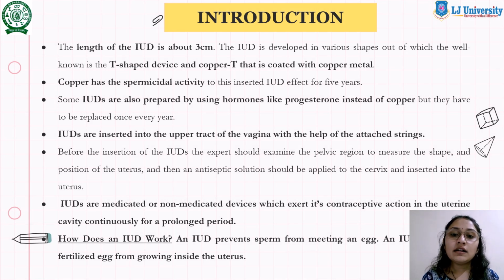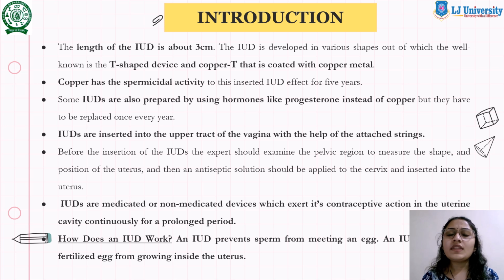Now, next is about the various features of intrauterine devices. We have already mentioned earlier that the length of the uterus is 7.5 centimeter. That means we have to design an intrauterine device which has a length smaller than the uterine cavity. The length of the IUD, which is already designed and available in the market, is about 3 centimeter.